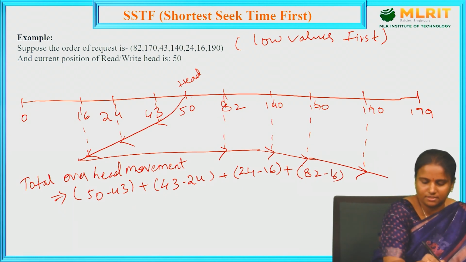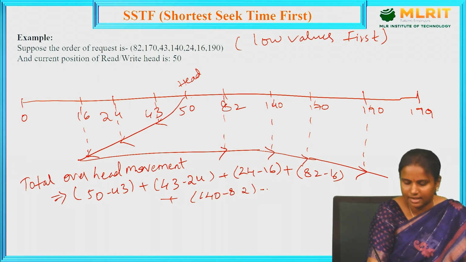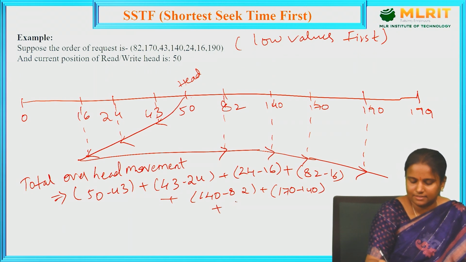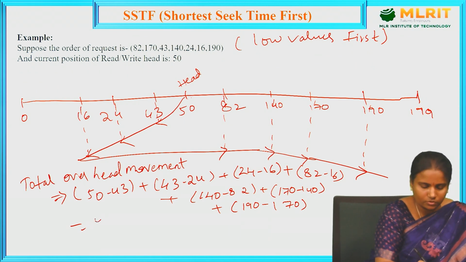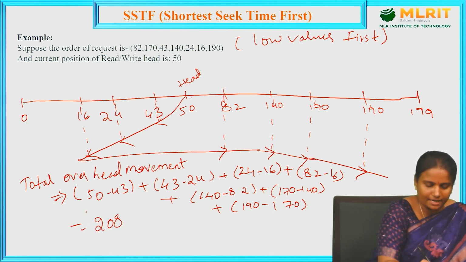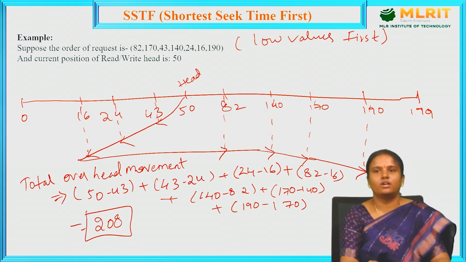Now we are coming to this side. Next 140 minus 82, then 170 minus 140, plus 190 minus 170. The total value of this is 208. So the head movement of shortest seek time first is 208.